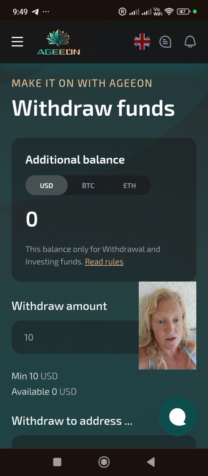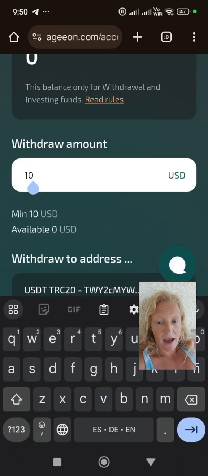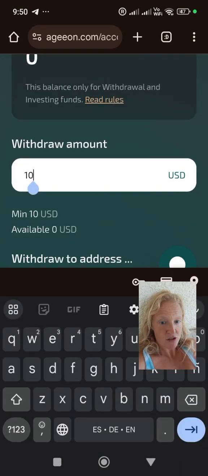I had $10 with my first deposit that I started 3 or 4 months ago, and I wanted to withdraw the money every day, because sometimes I used the money, sometimes I needed the money, sometimes I distributed it to other investment projects, whatever.